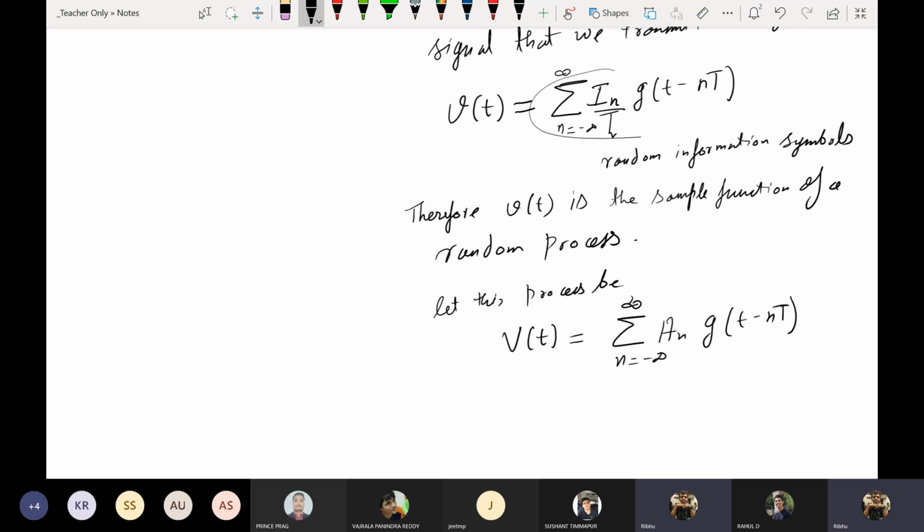So this is for one particular realization, and these are the random constellation symbols. That's why I use different symbols for these. Fine. Makes sense?